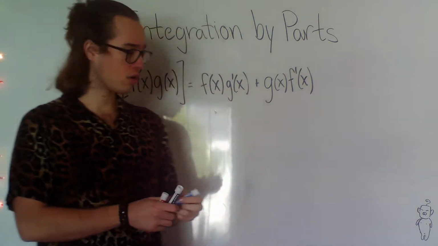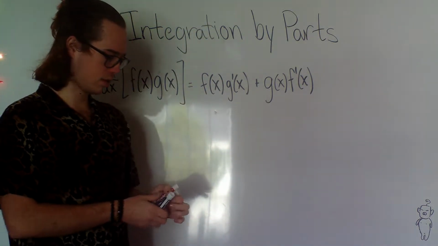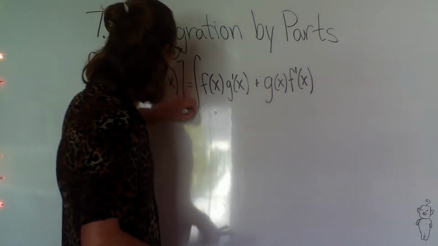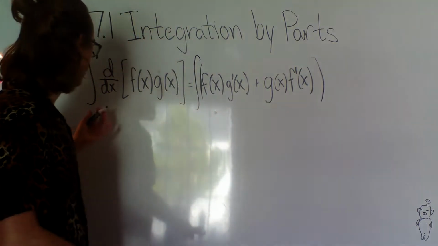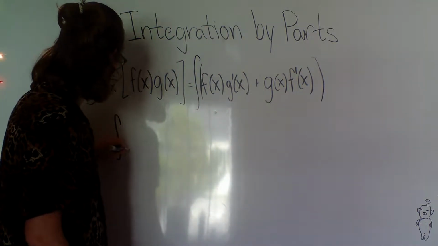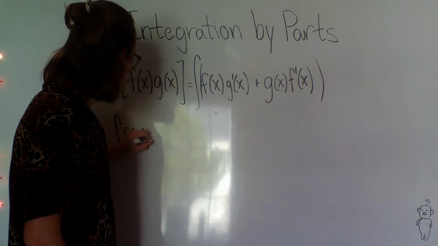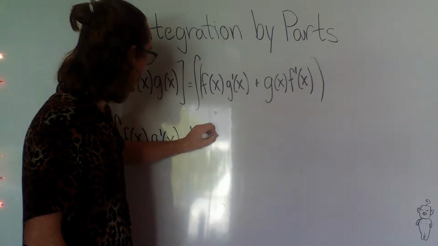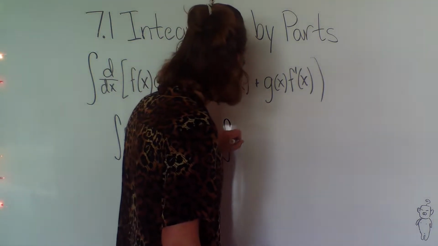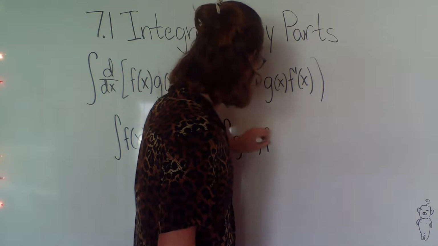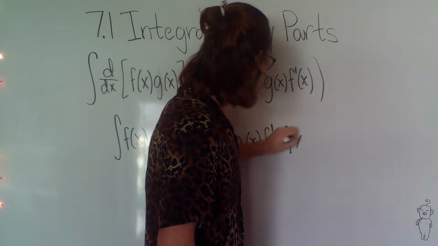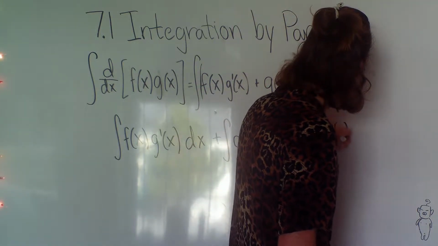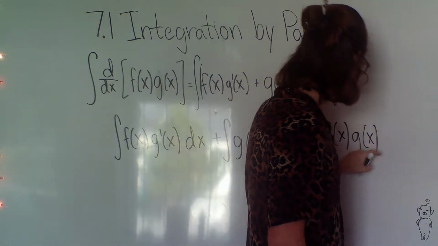And so now, if we wanted to integrate both sides, what would this look like? Well, we can just integrate, and in integral notation, we can rearrange and say this is the integral of f(x) g'(x) dx, plus the integral of g(x) f'(x) dx, is equal to f(x) times g(x).